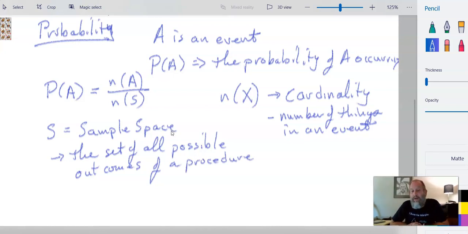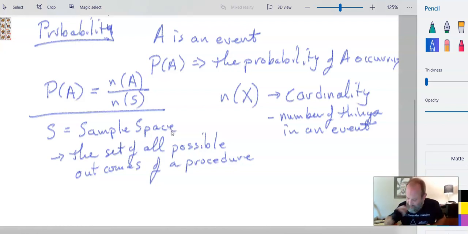So basically what this formula is saying is, if I want to know the probability of A occurring, I find the number of ways A can occur and divide it by the total possible number of things that could occur.